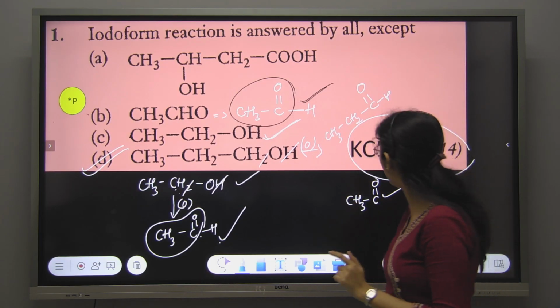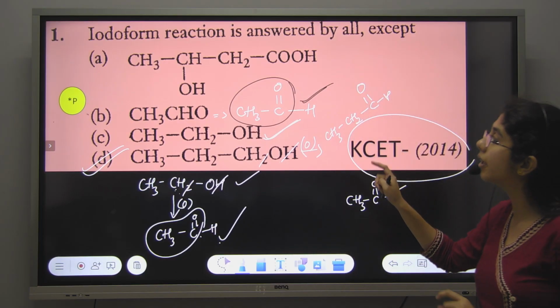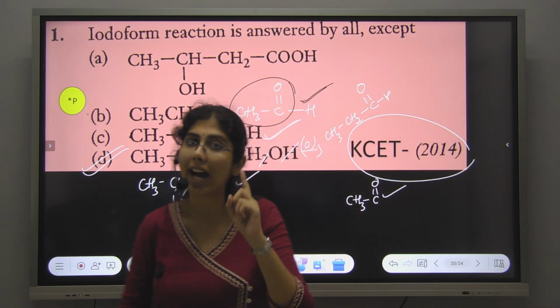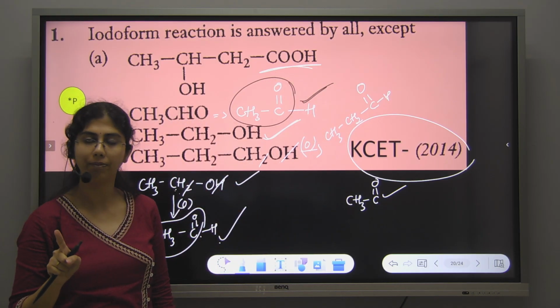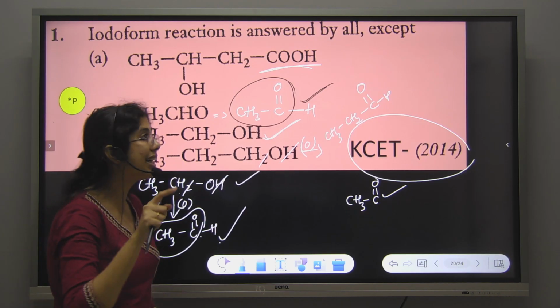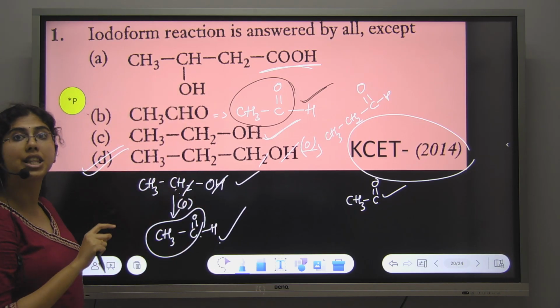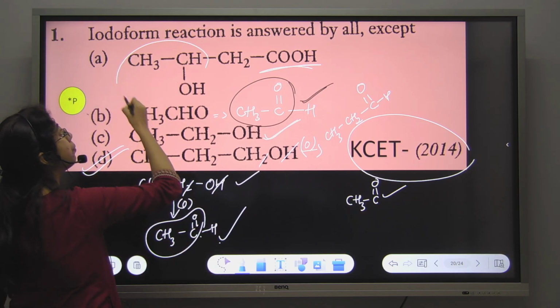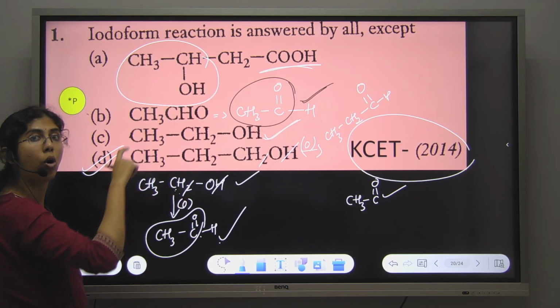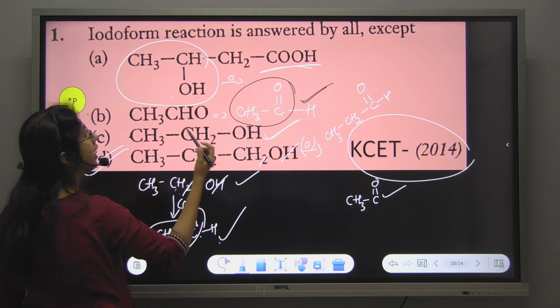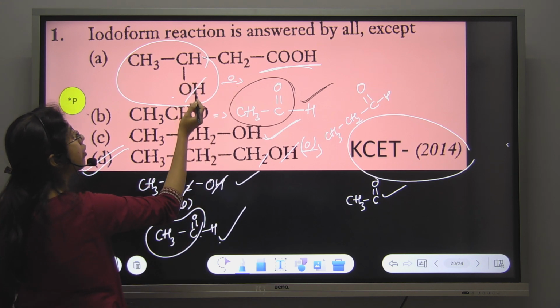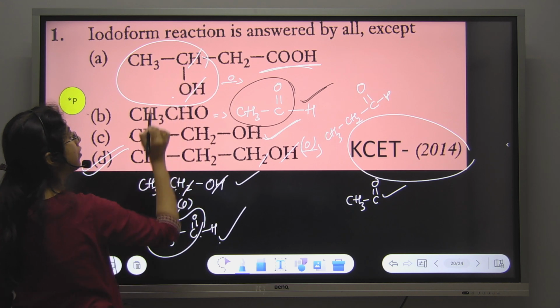Option D cannot give iodoform, because we cannot convert this into this group. And one more thing over here: generally when you have a carboxylic acid group, it should not give iodoform. But here, they are considering this alcoholic part only. If I oxidize this alcoholic part, what happens? You remove this hydrogen and this hydrogen from the carbon.